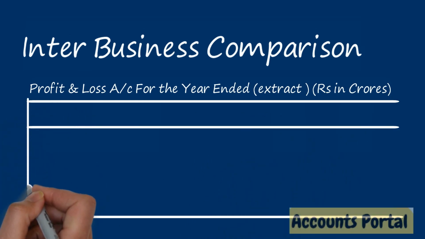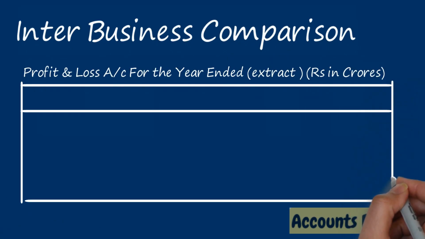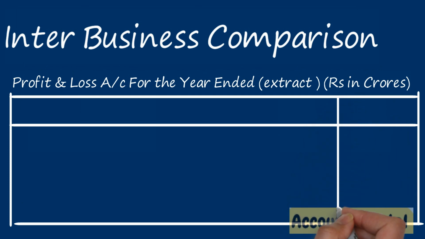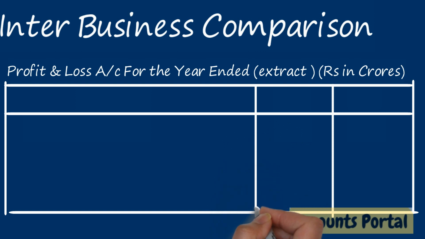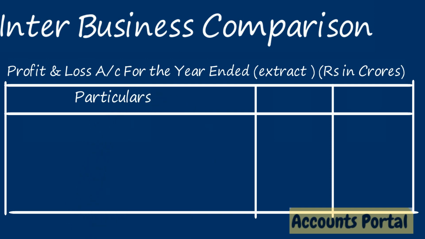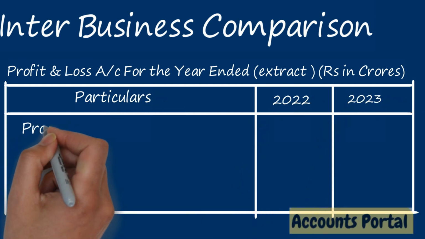Let's say profit and loss account for the year ended. Particulars. Let's take 2 years comparison. Let's say this is the extract profit and loss account of accounts portal. Particulars, 2022-2023.